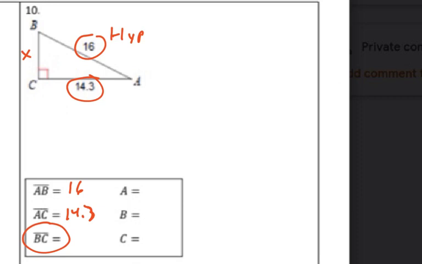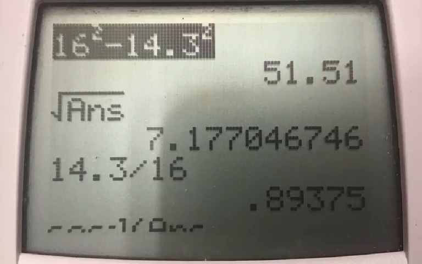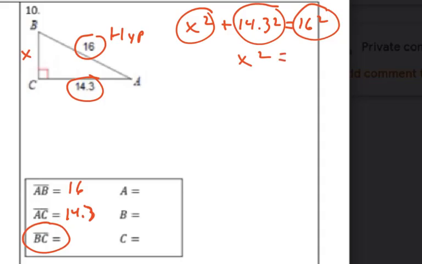I'm going to use Pythagorean theorem. I know that a squared plus b squared equals c squared. So to find x squared, I'm just going to take this minus this, right? Using our calculator, 16 squared minus 14.3 squared. So x squared is 51.51. To find the missing side, all I need to do is square root both sides.